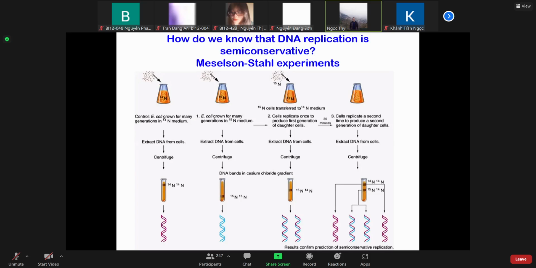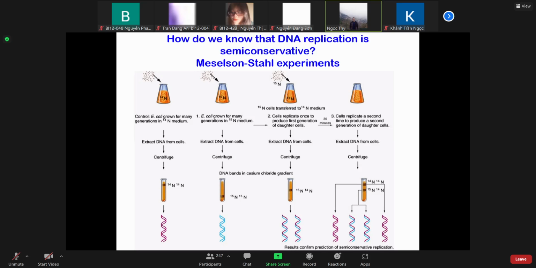For the control, the bacterium E. coli is raised on a medium containing nitrogen 14. In nitrogen, we have two radioisotopes: N14, which corresponds to 99.9% of the nitrogen we can find in the environment, and the other radioisotope, quite rare, is N15.